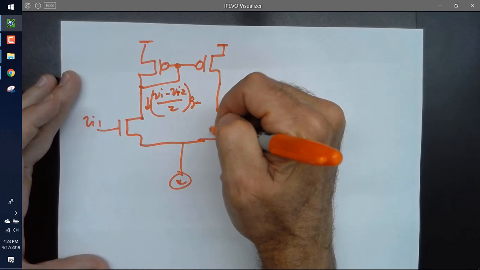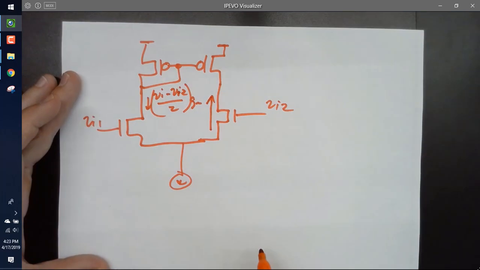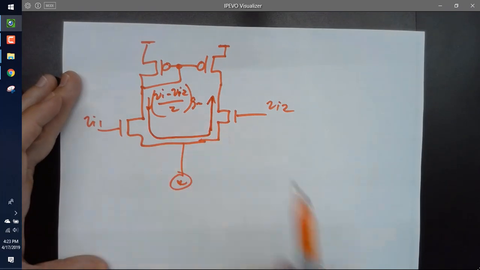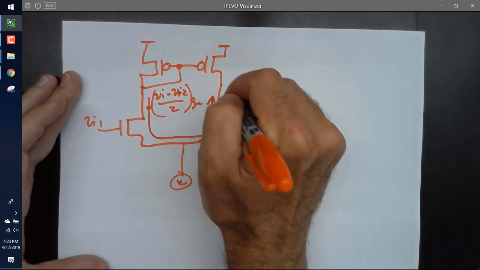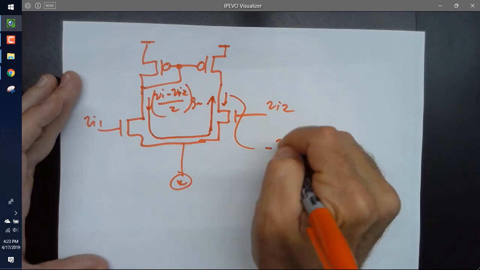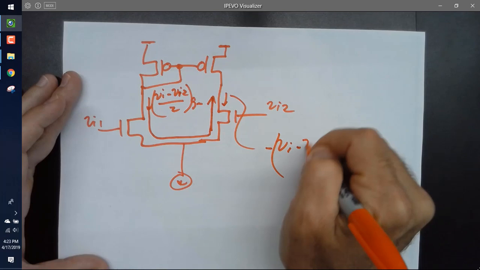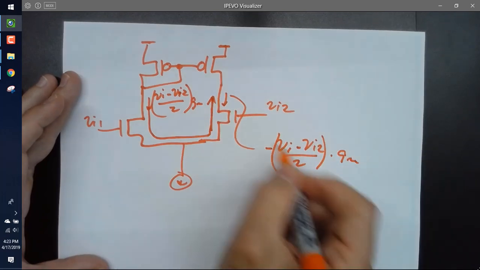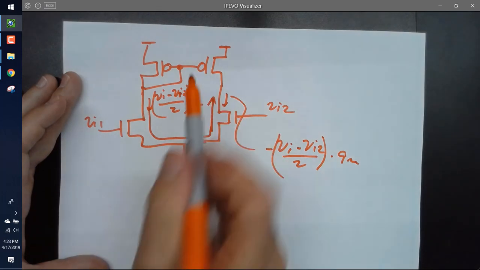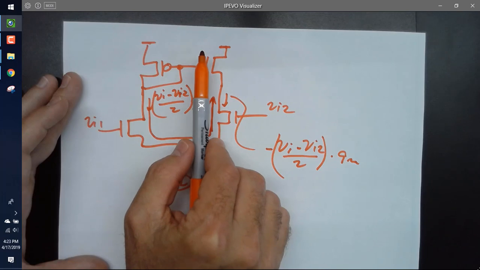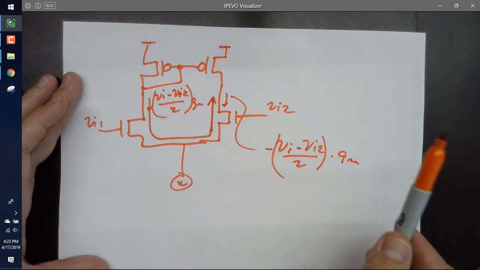What's the current that flows in here? It's the same. It flows like that. But I would say the drain current here is minus (Vin1 minus Vin2) over 2 times gm. So going down, it's minus, but here I think of it going around. The 1 microamp increases here, and it causes it to decrease over here. Does anybody see that?